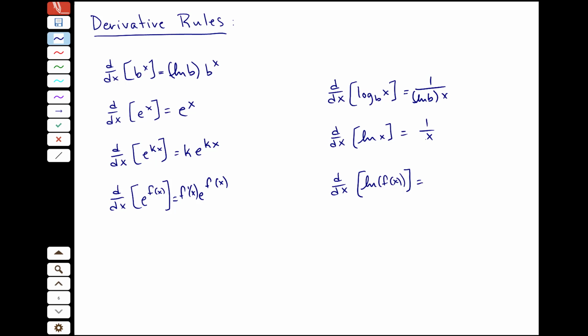And what the chain rule looks like for logarithms, if our inside function is f of x, we end up getting 1 over f of x times the derivative of that inside function. And once you really get used to this, you'll just skip right to f prime of x divided by f of x.